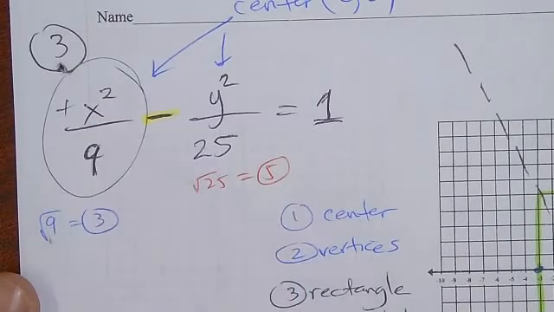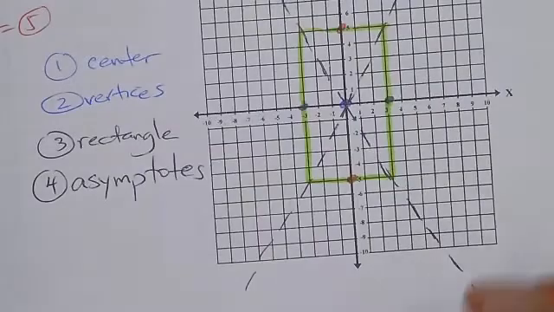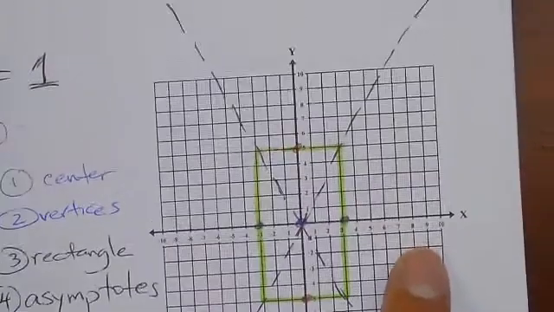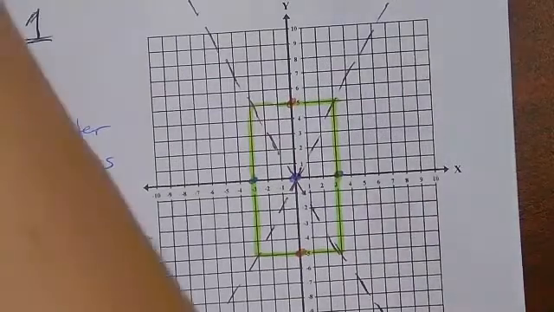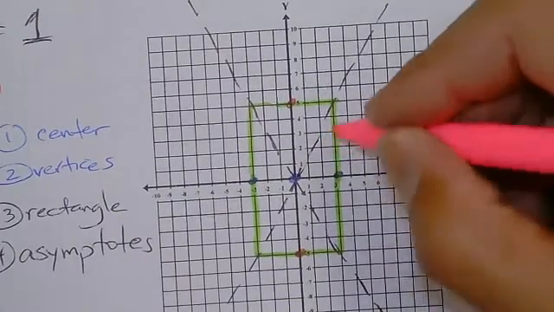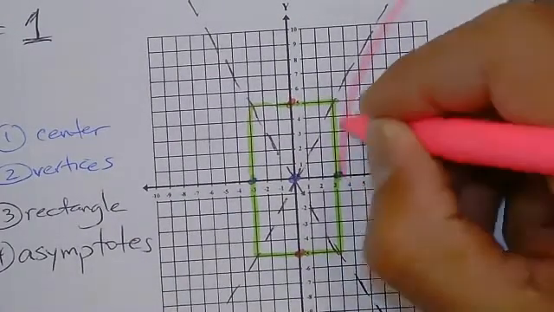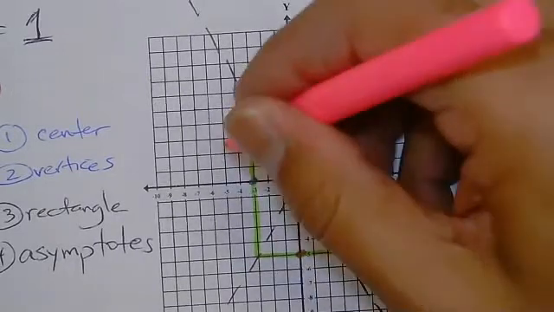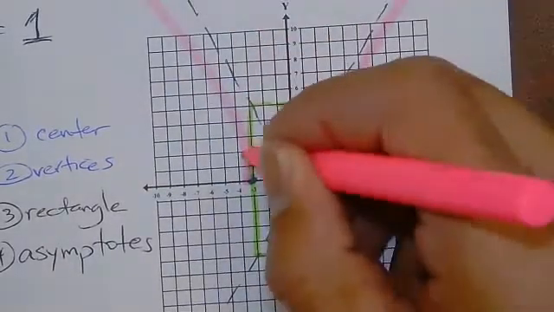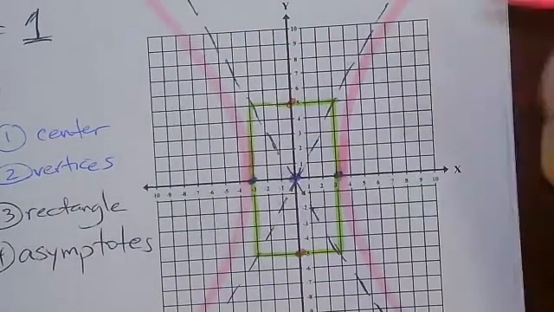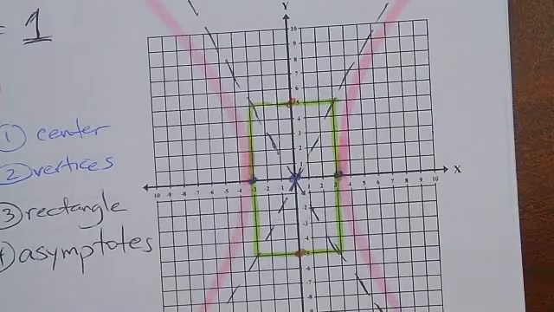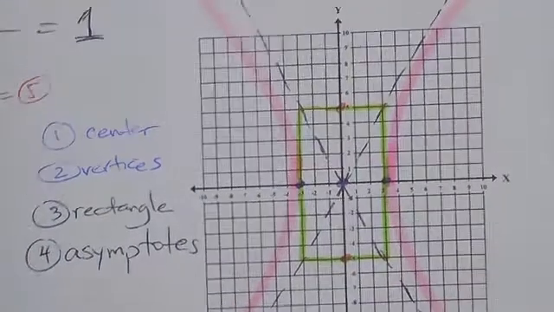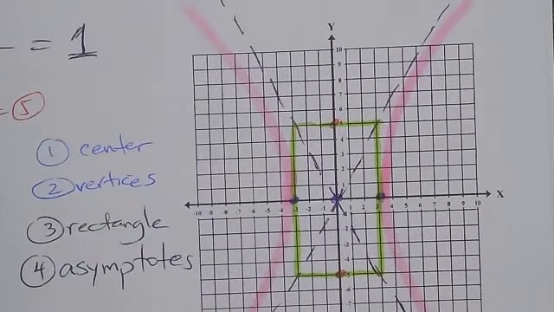Since the x variable is positive, then what? Well, the x is left and right, right? X is left and right, so that's how you know that it's like this. Okay, are we good?